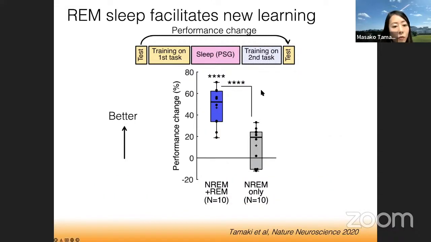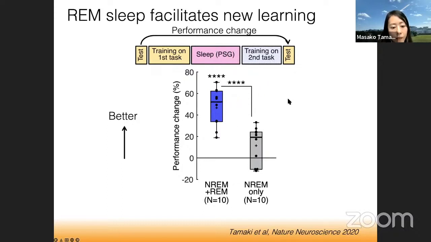Now, some of you may wonder what happens to the performance on the second task. So this shows the result of the second task, by comparing the test sessions conducted before and after sleep. As you can see here, if there was both non-REM and REM sleep during this nap session, then learning on the second task, which occurred after sleep, improved significantly.